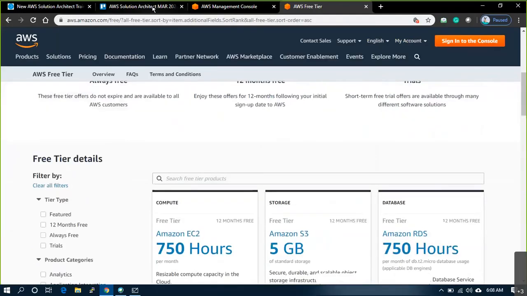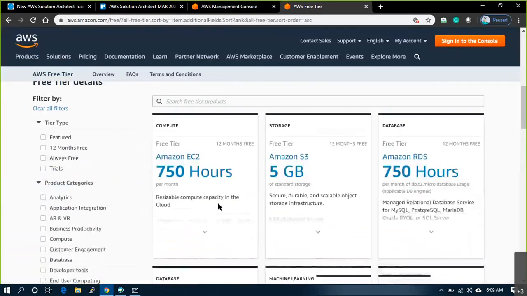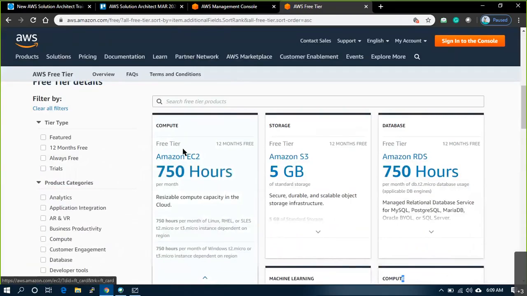Because if you look at all the services, each and every service has its own billing mechanism. So you really can't combine everything and consider it as a single entity. That is the reason why they have billing for each and every component separately, right?